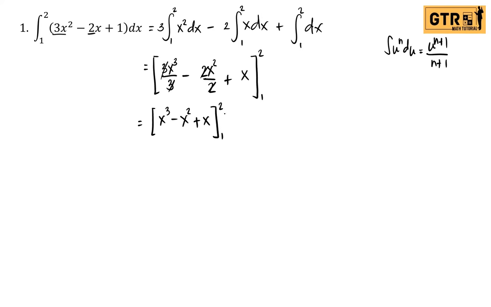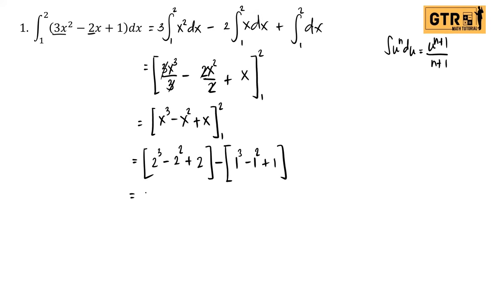Now let's substitute the upper limit first. Substitute the upper limit 2 for every x, so we have 2 cubed minus 2 squared plus 2, and then subtract F of 1. Substitute 1, so we have 1 cubed minus 1 squared plus 1.